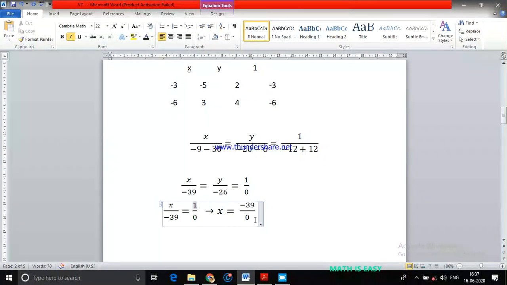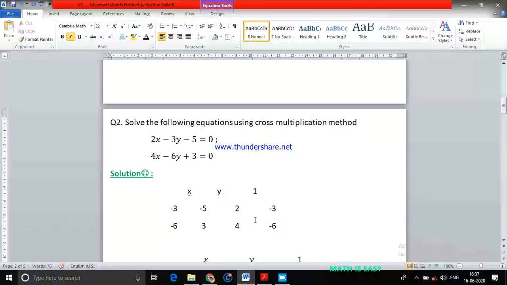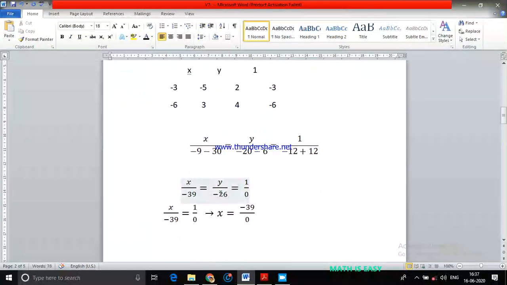Why am I getting that the x value does not exist? Just observe the given pair of linear equations. If you find a1, a2, b1, b2, you will get a1 upon a2 is 1 by 2, b1 upon b2 is also 1 by 2, but c1 upon c2 is minus 5 by 3. So a1 upon a2 equals b1 upon b2 is not equal to c1 upon c2. This is the condition for parallel lines. So parallel lines do not have any solution.